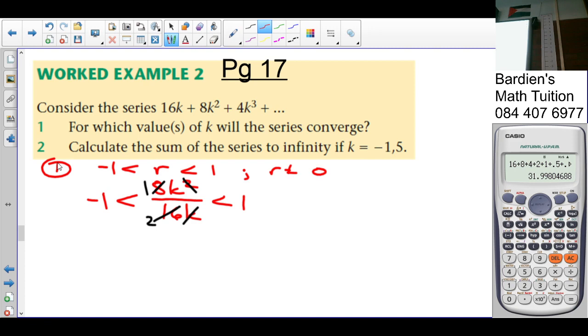So what are we left with? k over 2, or a half k. It's the same thing. It has to be greater than -1 but less than 1. Now remember, this is what r is. So at this point we can say that k over 2 can never be equal to 0. So k can never be equal to 0.